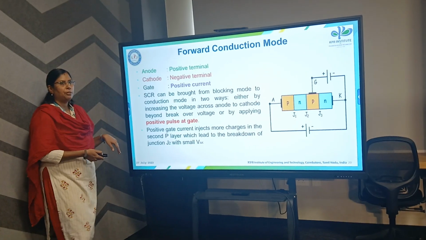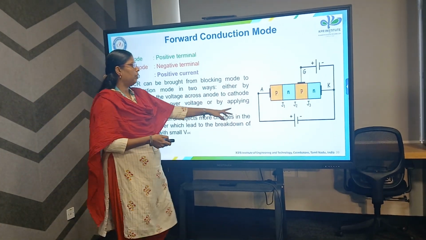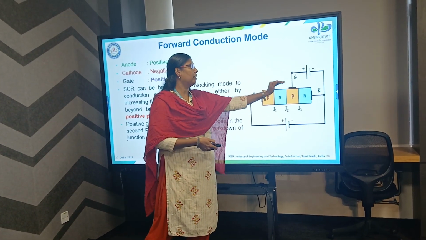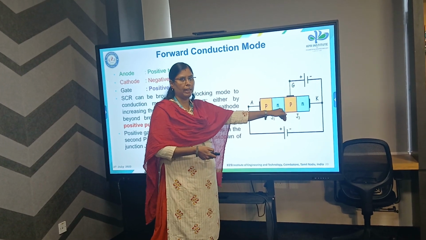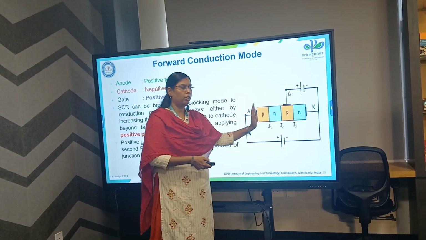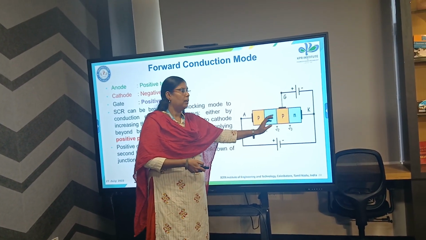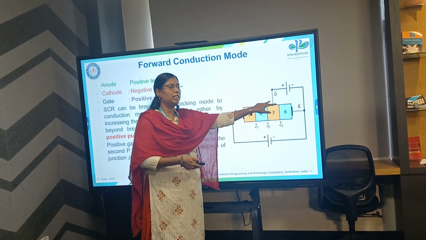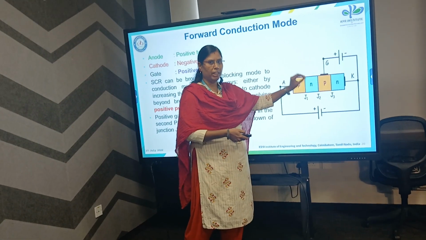The third condition is forward conduction mode. The same forward bias condition, we are giving the forward bias supply between the anode and cathode. Now we are giving a positive supply to the gate, so J2 reacts. The anode and cathode are already in forward bias, so the J1 and J3 depletion region width is very small. Likewise, we break the J2 depletion region by giving the supply through the gate, so the J2 width is also very minimal.